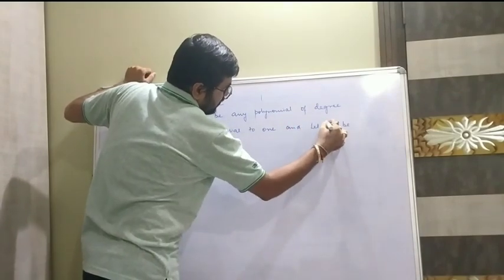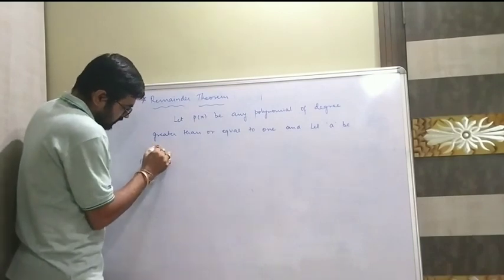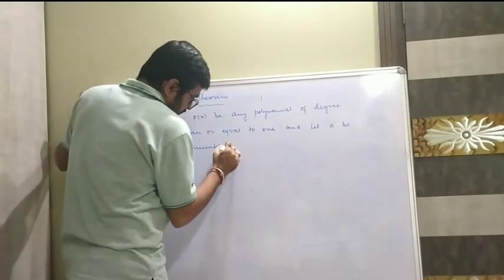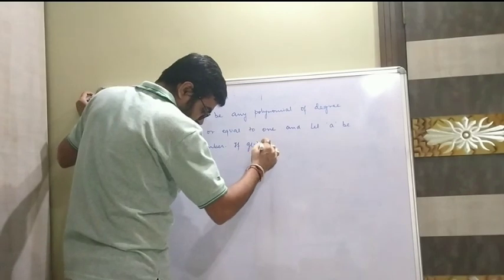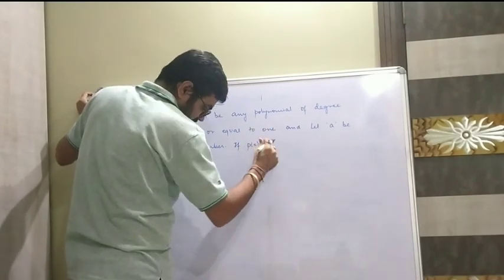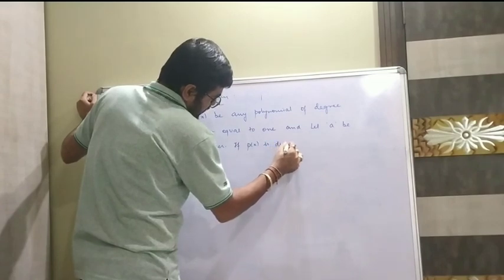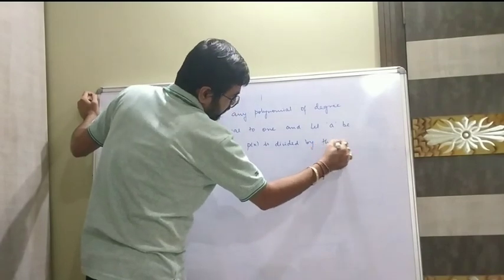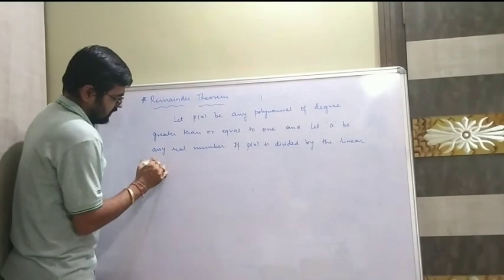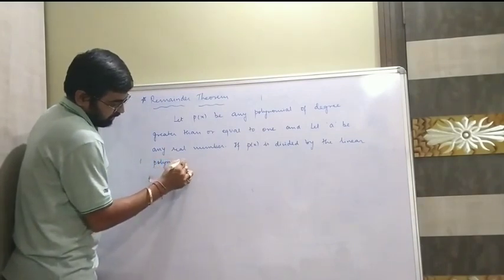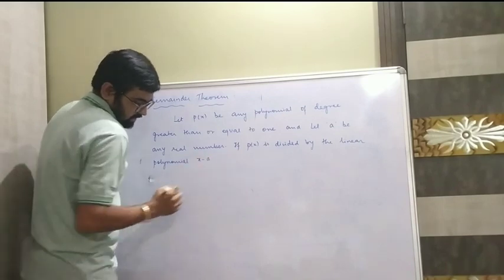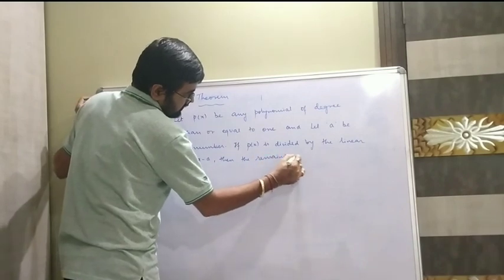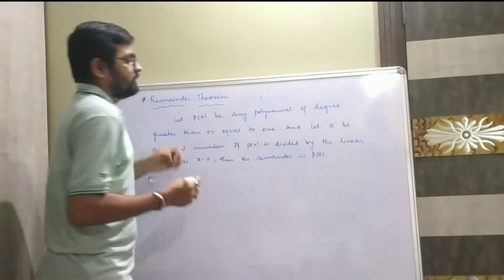And let a be any real number. If p of x is divided by the linear polynomial x minus a, then the remainder is p of a.